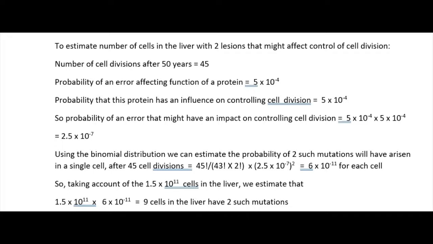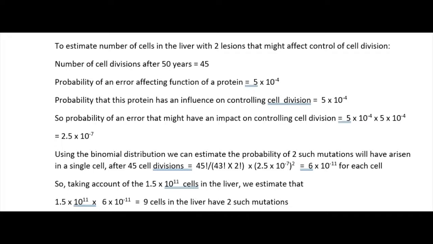And now we've said, yeah, but most of those proteins are not relevant to the possible development of cancer, so the probability that this protein that is affected will have an influence potentially on controlling cell division also happens to be 5 times 10 to the minus 4. So the overall probability of there being an error that might have an impact on controlling cell division is the product of 5 times 10 to the minus 4 times 5 times 10 to the minus 4, which is 2.5 times 10 to the minus 7 for each cell division.